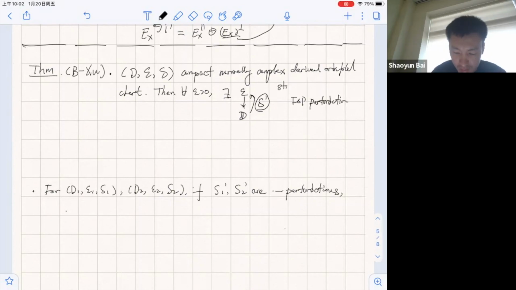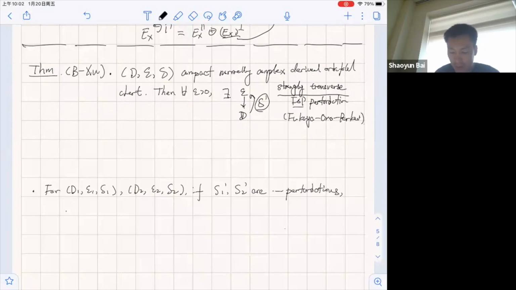And of course, to produce pseudo-cycles we want some kind of transversality, so they are called strongly transverse. I will not go into the details, but FOP means Fukaya, oh no, Pardon. Pardon is Brett Parker, and it satisfies the condition that it is C0 close to our original Kuranishi section.